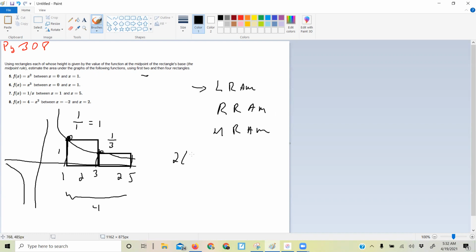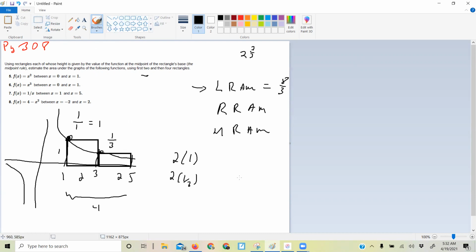So I'll do 2 times 1 and 2 times 1/3. And notice I'm not even using the 5, because I just care about the left end of the rectangle. So that gives me an area of 2 plus 2/3, which is 2 2/3. Let's write that as an improper fraction. I need more coffee this morning or something. That's 8/3.